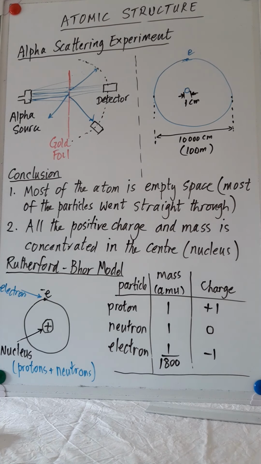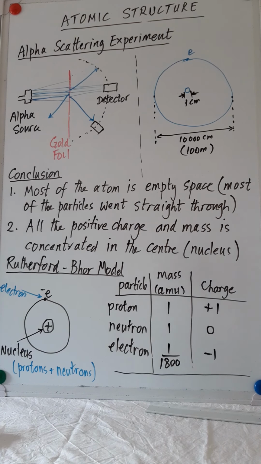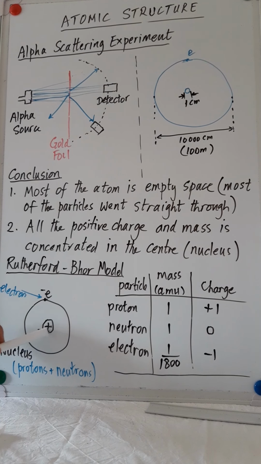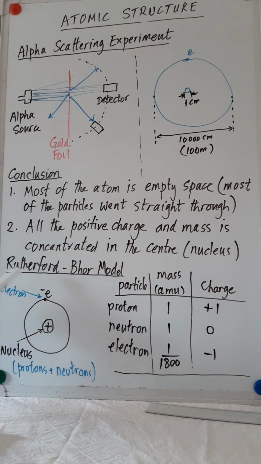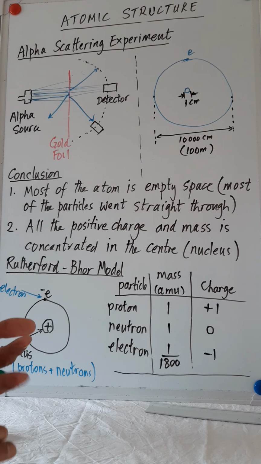And from this observation, Rutherford said that the atom must have a central core which is positively charged, and the electrons, the negative charges, must be going around it. Now remember, the atom has to be neutral, okay? So whatever the number of positive charges there are, there must be the equal number of negative charges.